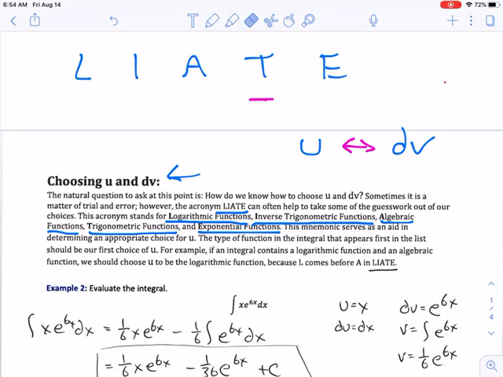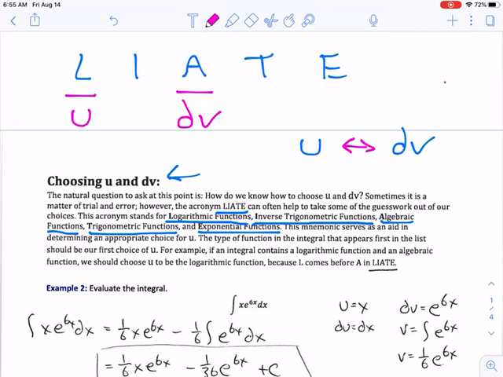Well, what happens like in that last problem? So let's say you have a logarithmic function and an algebraic function. Logarithm is to the left of algebraic, so this is my u, this is my dv. With logarithmic functions, they always, always, always have to be u because they are the farthest to the left.